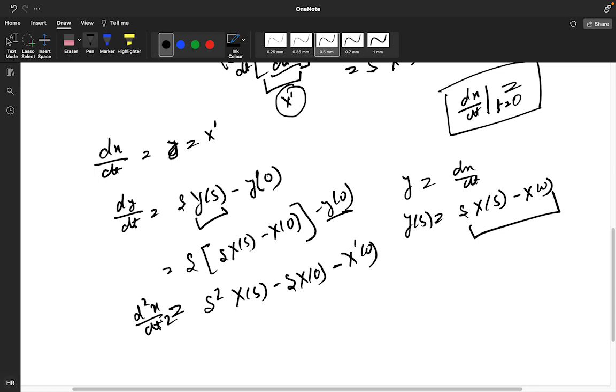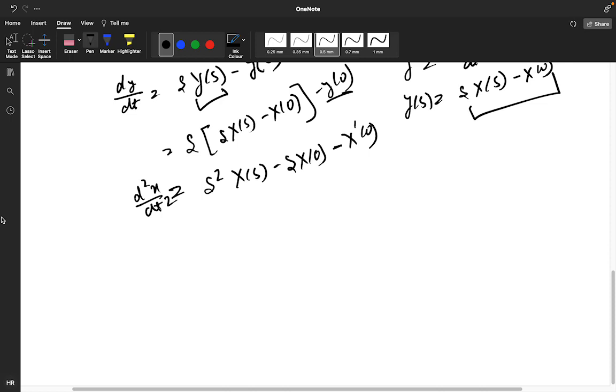Okay. See, I'm telling you from the basics; it's very important. If you all understood these things, it will be very easy for you. dx by dt can be represented as x dash. This thing is clear? Yes, sir. I am representing this with y; I am just assuming this is equal to y.